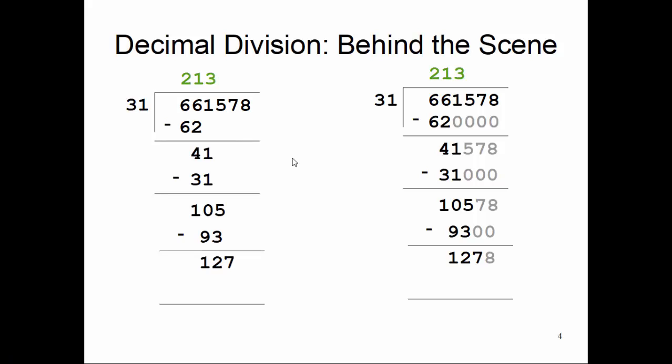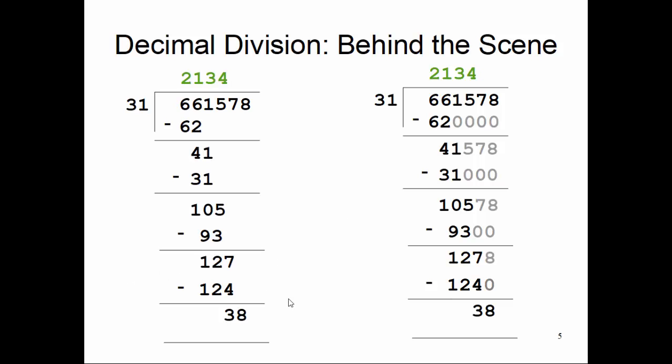We continue with this process, bring down the 7 on the paper pencil. Now we can multiply 4 with 31 to go to the nearest value 124 for 127, and the subtraction value is 3. Behind the scene we are actually multiplying 31 with 40, which gives us 1240, and my subtraction value is 38 here.